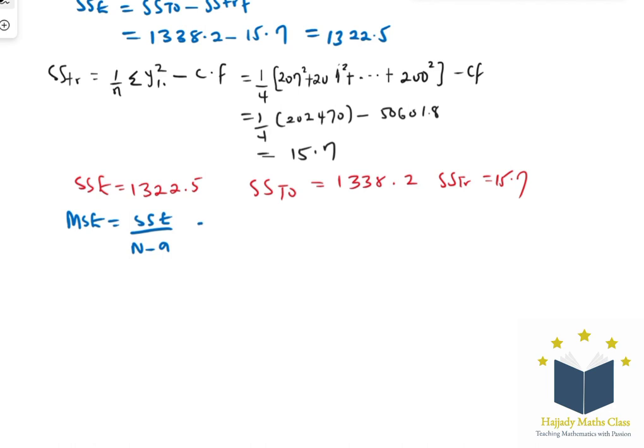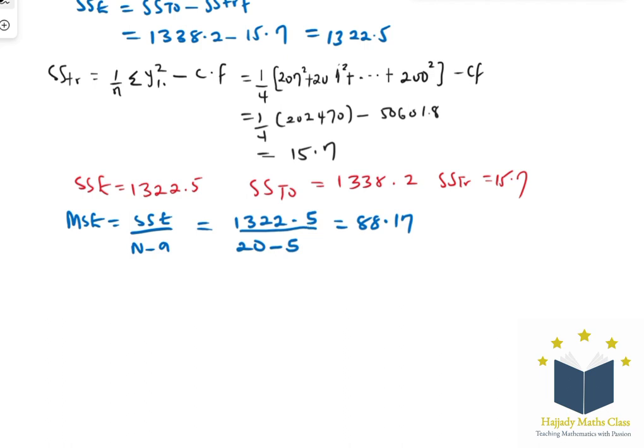Like I said earlier, you can check my previous video to see how I got this. Here I got 1322.5 over capital N, which is 20, minus our a, which is 5, and this gives 88.17.